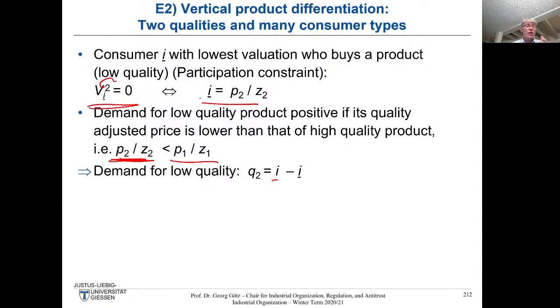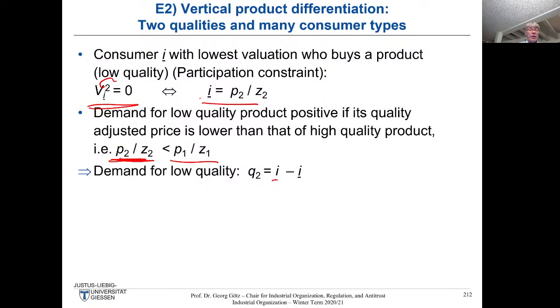One has a battery life of 2 years, given some standard usage. The other has only a battery life of 1 year. It works for light bulbs or anything. The quality adjusted price of the battery with only 1 year must be at most 1/2 of the price of the battery which lasts 2 years. Okay? And this hopefully makes sense.